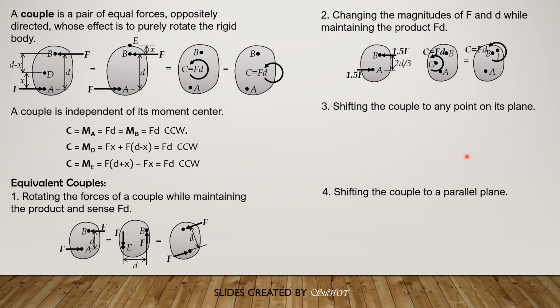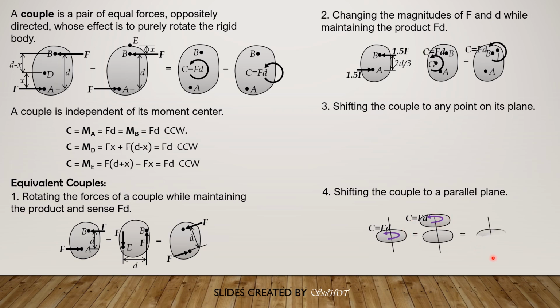Then shifting the couple to a parallel plane. So you have here the couple. Using the right thumb rule, the curling of your forefingers would be the direction or sense of the couple, and the magnitude is Fd. You can shift it to a parallel plane above. Now it's on top. The same sense is shown, and so the effect is the same.